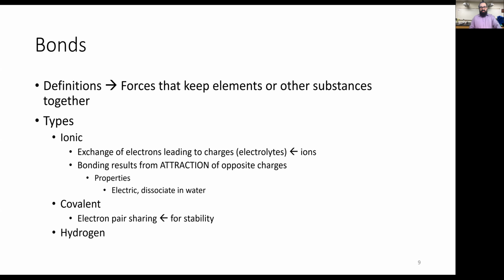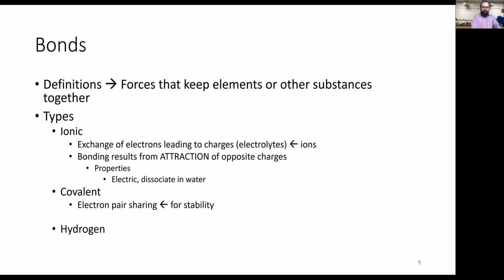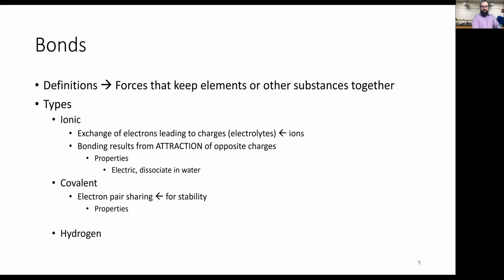Whereas our covalents, in this case, happen to be very neutral, fairly strong in terms of their nature, so they hold together very well, and they do not dissociate in water. Right? So those are the big properties that you want to know from those.